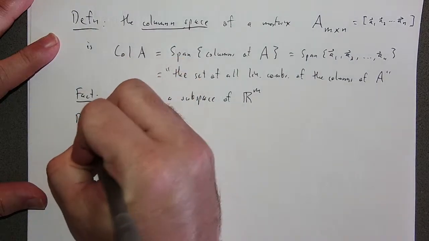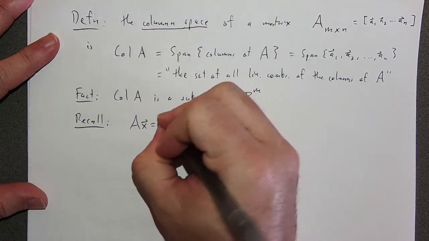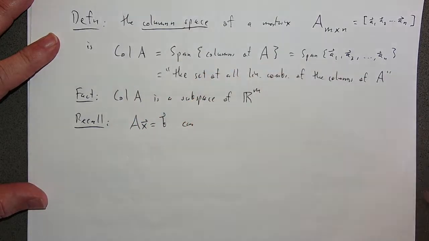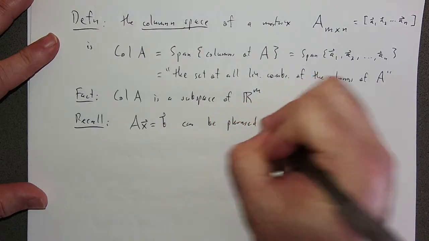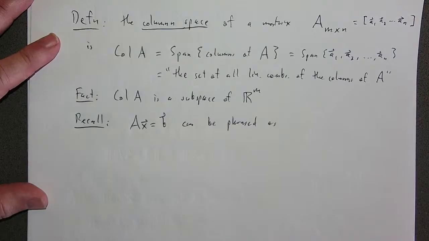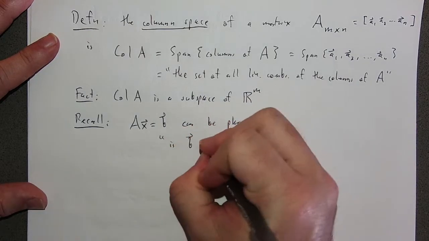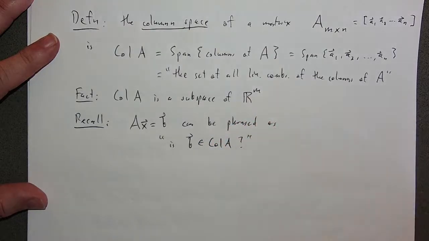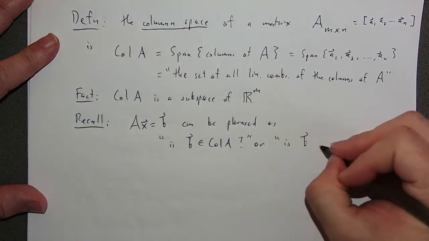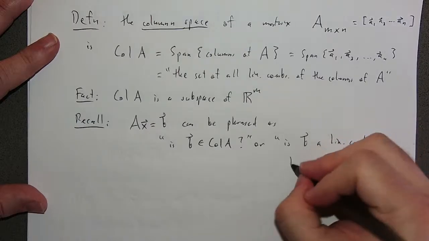Recall that seeking a solution to Ax equals b can also be phrased as: is b in the column space of A? Or, writing that out a little bit more, is b a linear combination of the columns of A?